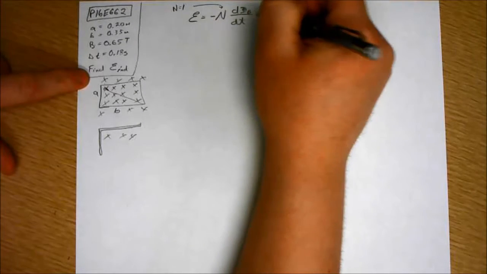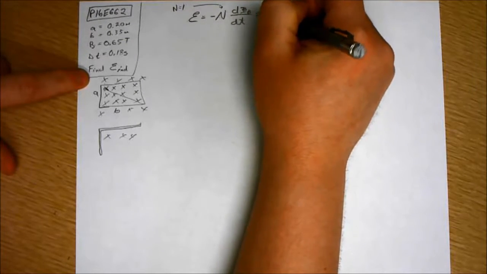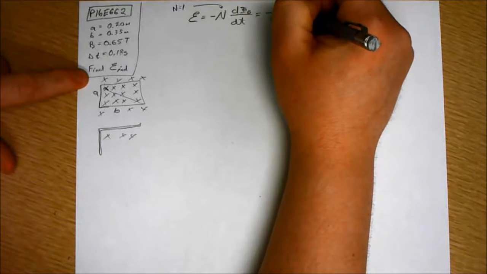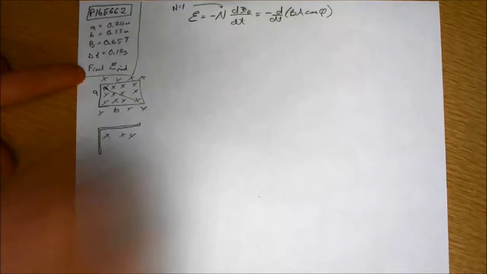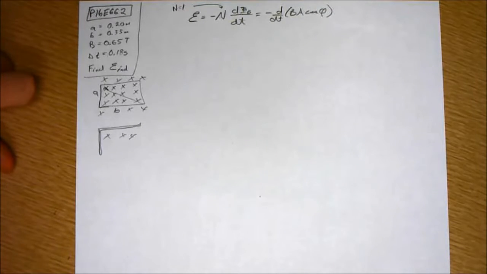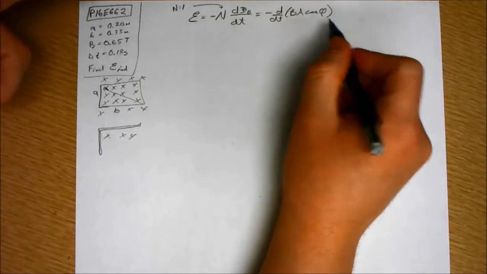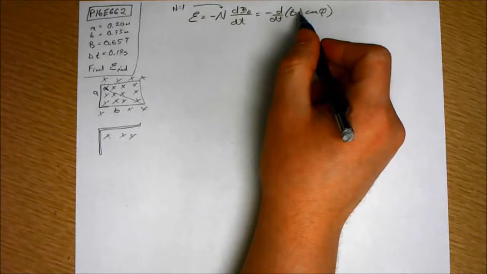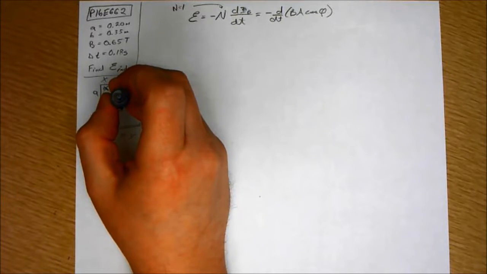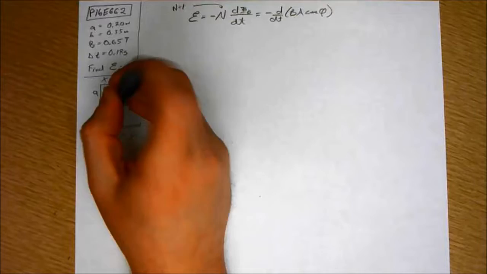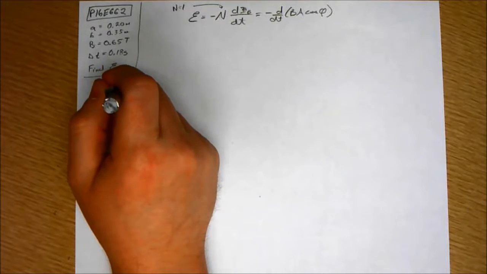So I can write that as negative d/dt, and I can write the flux as B A cosine phi, because the flux is just B dot A, the dot product of B and A, or B A cosine phi. Remember the area normal vector points normal to the surface of the loop, so it's either out of the plane or into the plane of the paper.